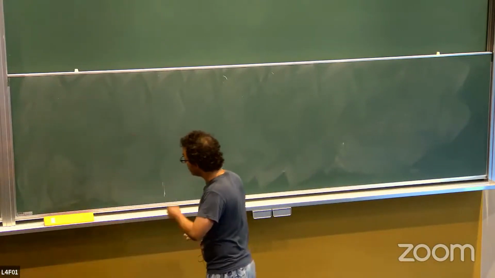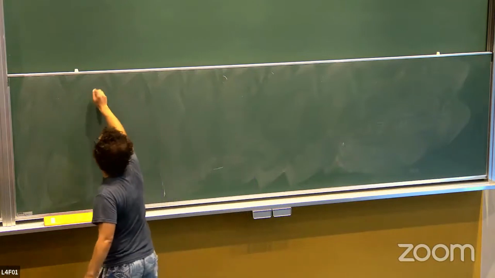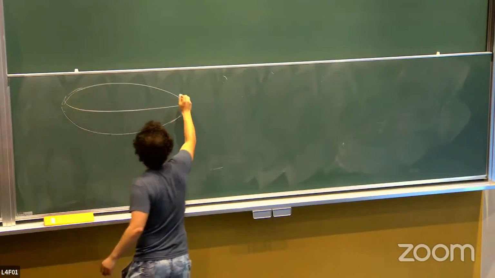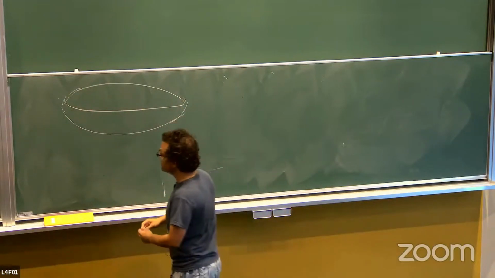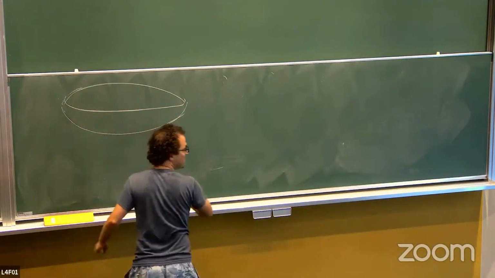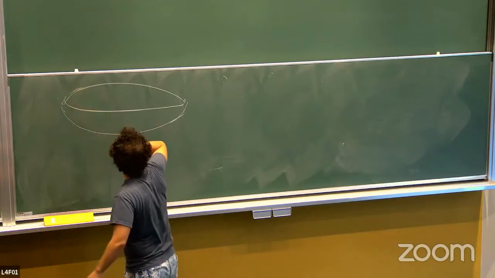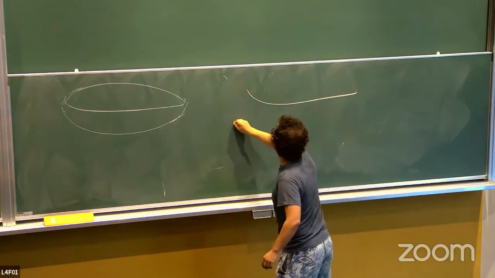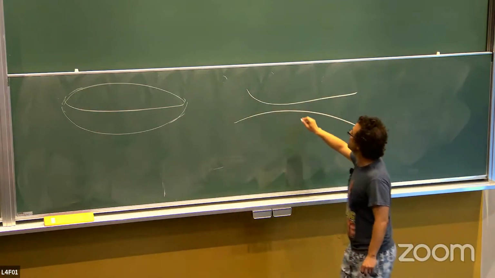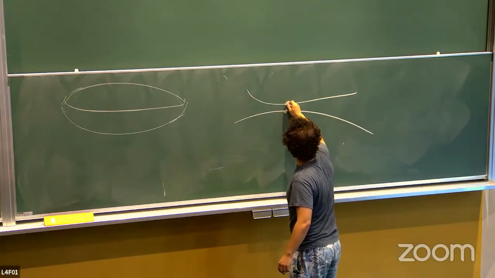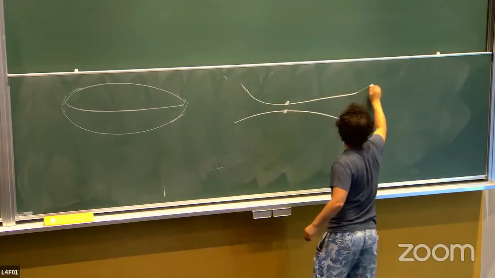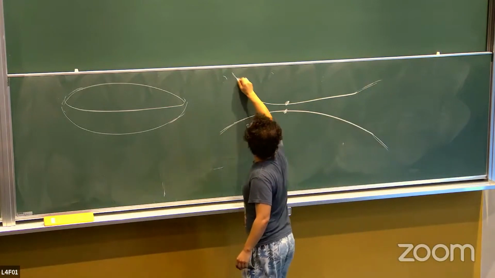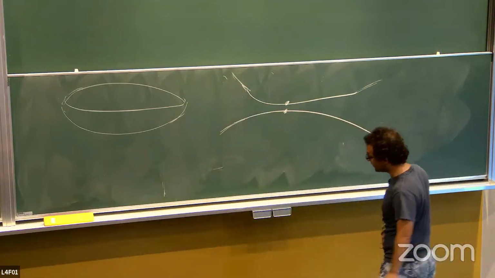Now, the same story extends to AdS, where, if we have two world lines, they diverge from each other at infinity because of the warping of the space-time.